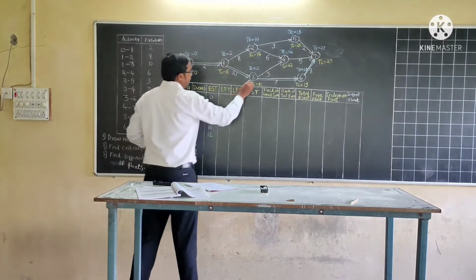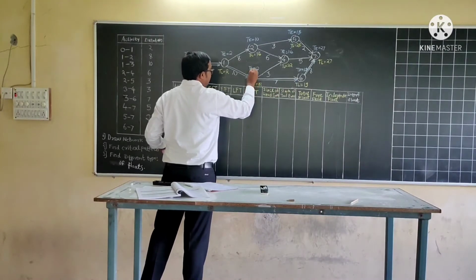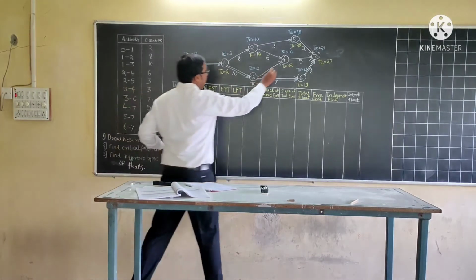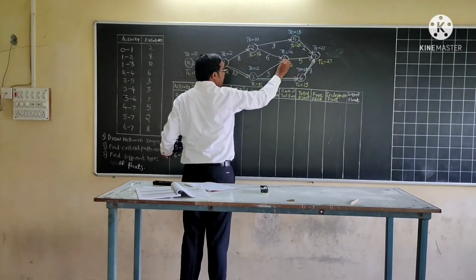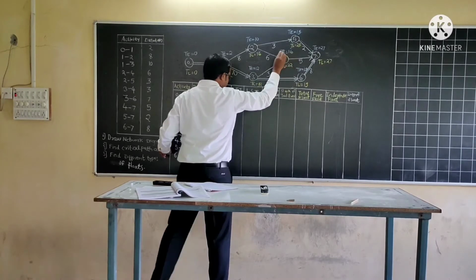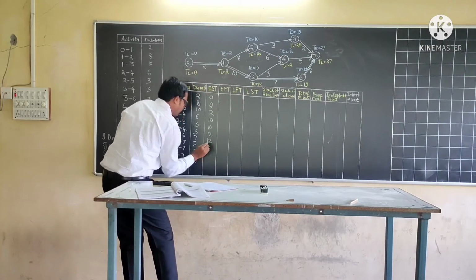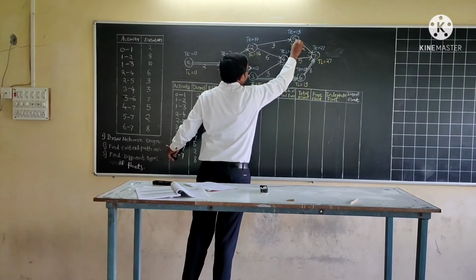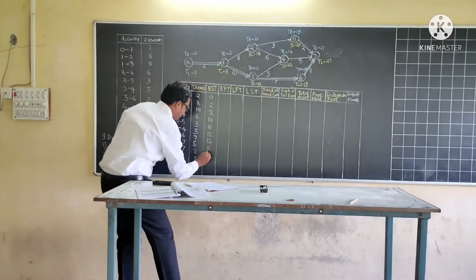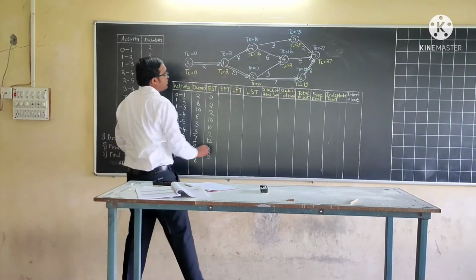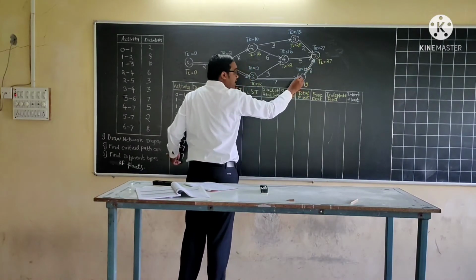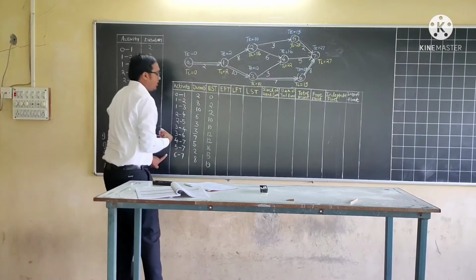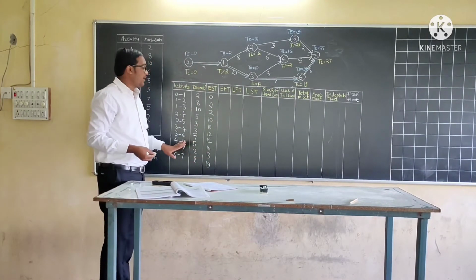Now 3 to 6, again starting activity 3, consider 12. 4 to 7, starting activity is 4, therefore consider 16. 5 to 7, starting activity is 5, the value will be 13. And lastly 6 to 7, starting activity 6, the value here is 19. So in this way all EST values are calculated.